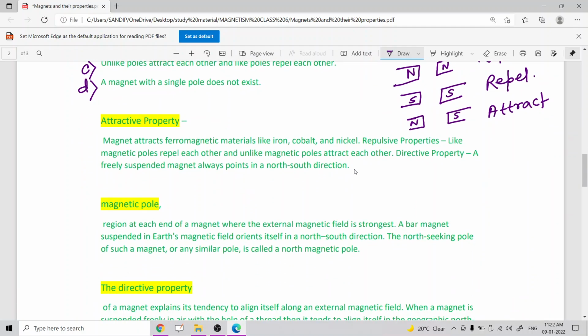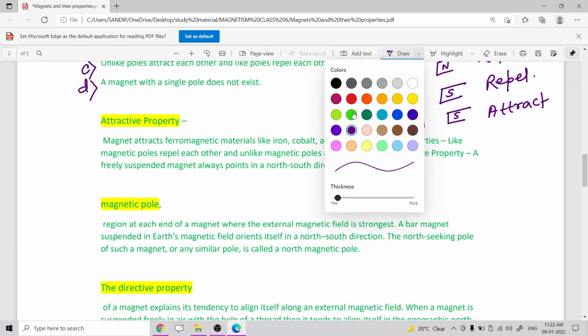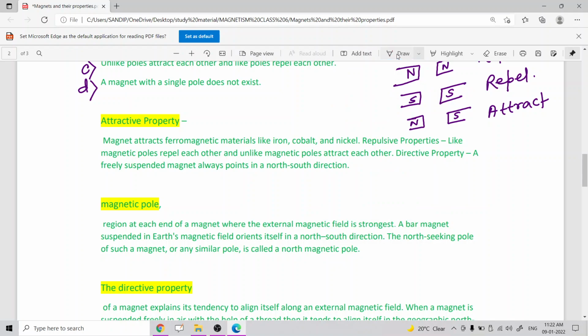Now we move to our next point, that is the attractive property. Here we discuss that if we take two different magnets, or one magnet and another magnetic material, then we can get an attraction or repulsion force.